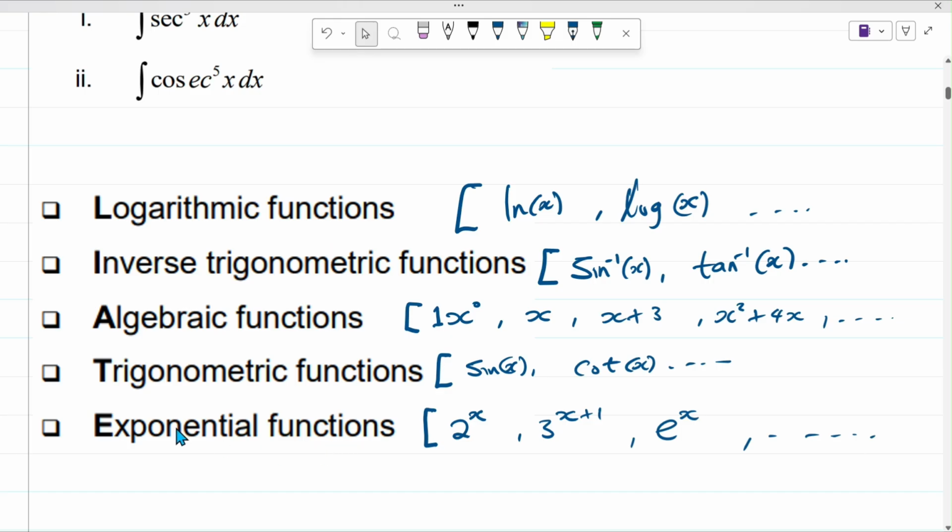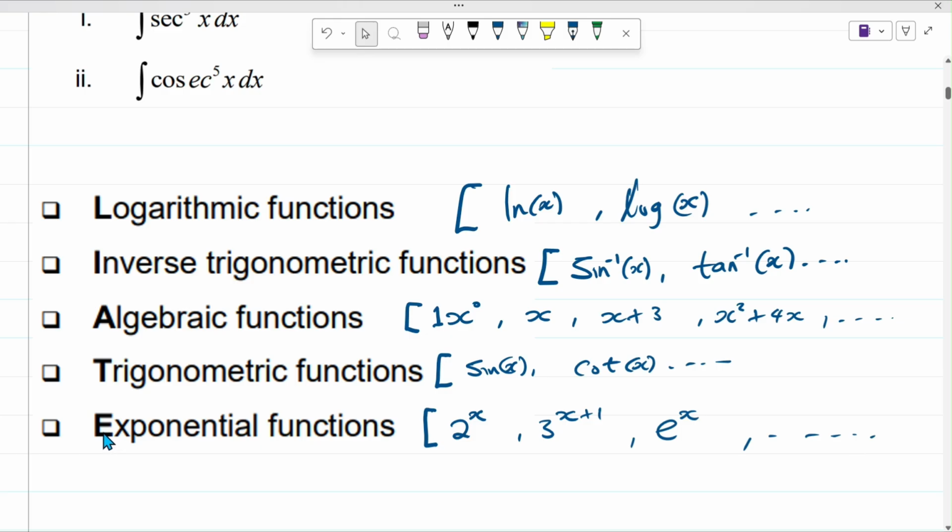And a function that comes last, for my exponential function, we integrate it, because we have to differentiate and integrate through the process of solving this integration by parts. So I repeat, according to the linearity order, the function that comes first, we differentiate it. The function that comes last, we integrate it.